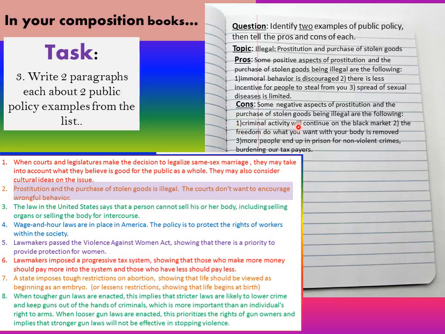Criminal activity will continue on the black market. 2. The freedom to do what you want with your body is removed. 3. More people end up in prison for nonviolent crimes, burdening our taxpayers. Those are the things that I think are the cons of having prostitution and the purchase of stolen goods be illegal.